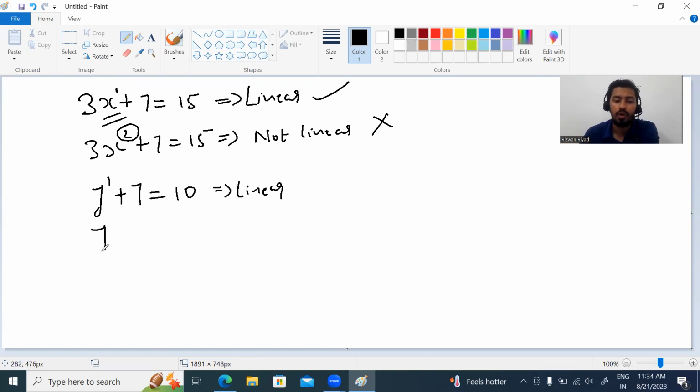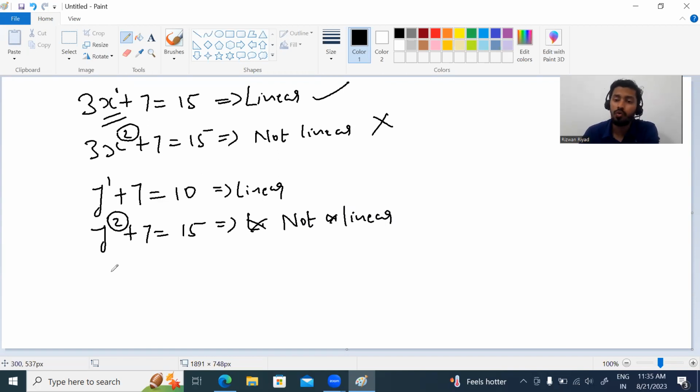On the other hand, if you have the equation y square plus 7 equal to 10, or y square plus 7 equal to 15, any number you can take, this contains y square or y raised to 2. Because of that 2, this equation is not linear.